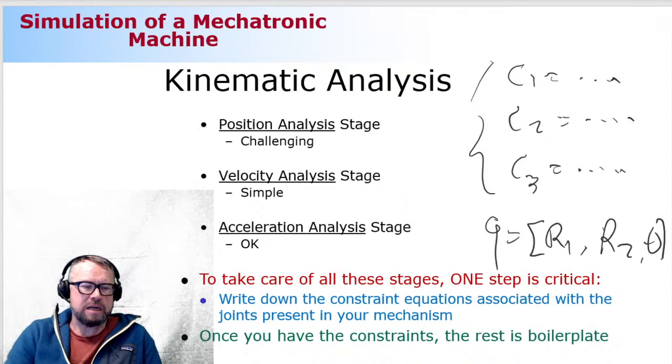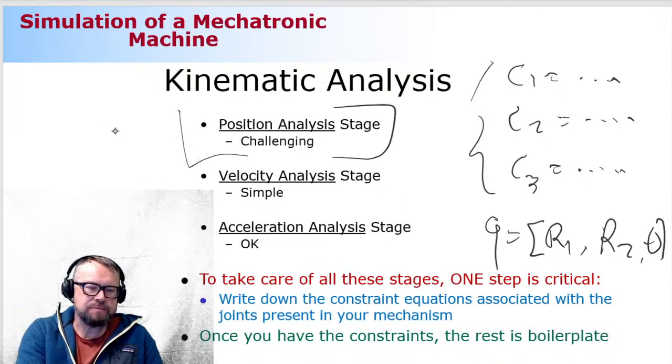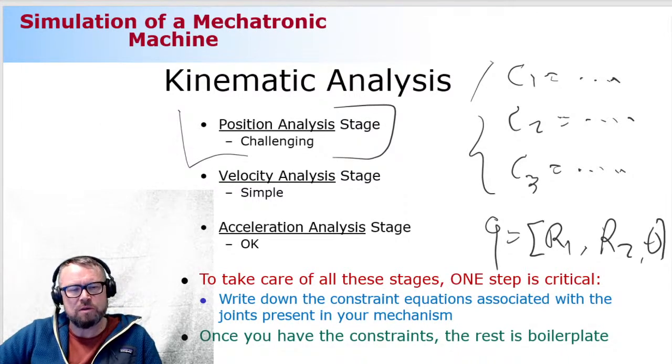Position level analysis, and it says here that it's challenging. It's a little bit challenging, that's true. And it is based on an iterative process, because basically we're facing nonlinear algebraic equations that need to be solved.